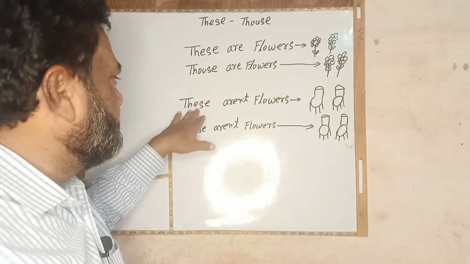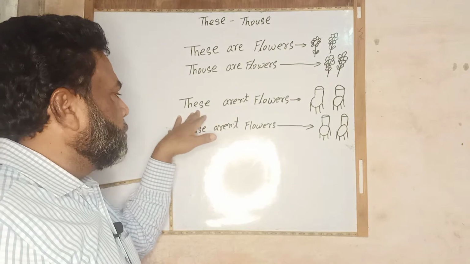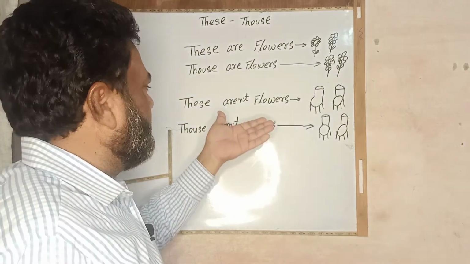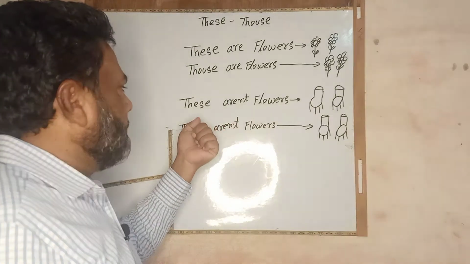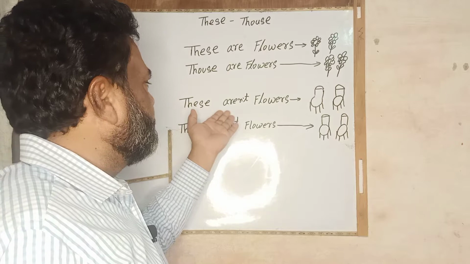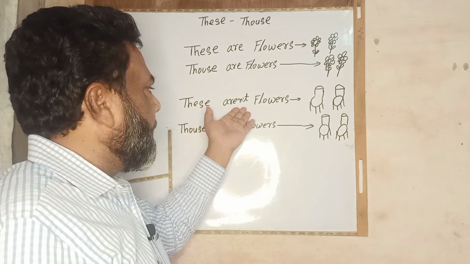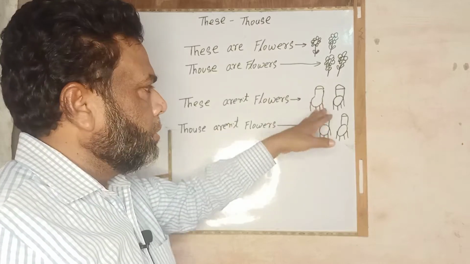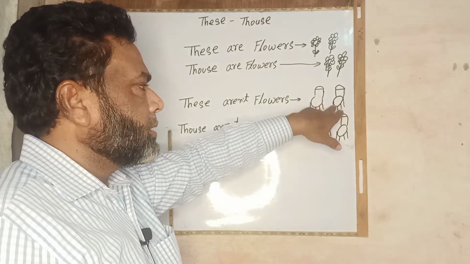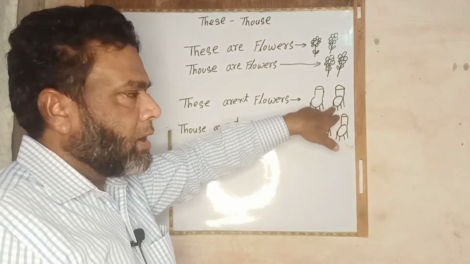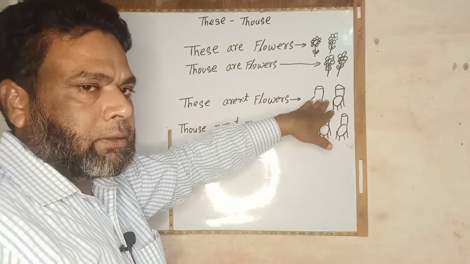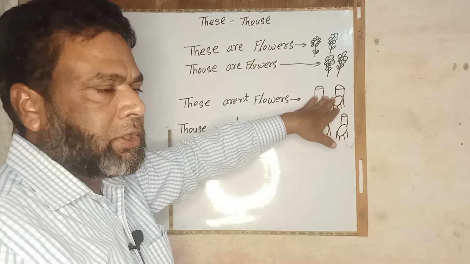Now here is another one: we use it for negative. Here we use these aren't flowers, because these are chairs, not flowers, and more than one chair.